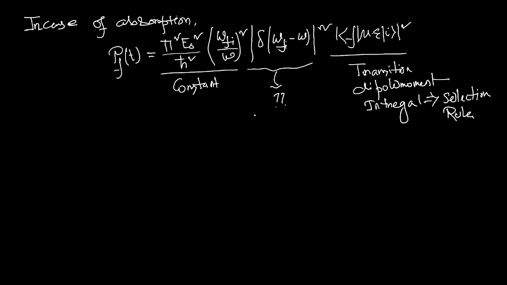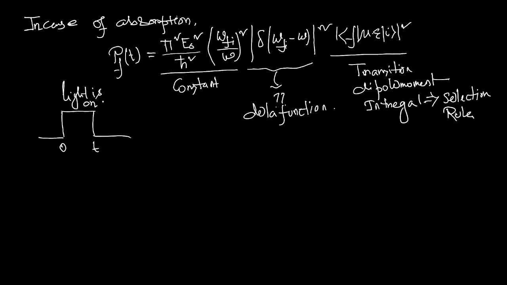This is nothing but a delta function, but we need to know the expression of the delta function. As I showed earlier, 0 to t is the period during which the light is on. If you think the light is on between minus infinity and plus infinity, the actual time of irradiation is only 0 to t. So 0 to t is taken as minus infinity to plus infinity.